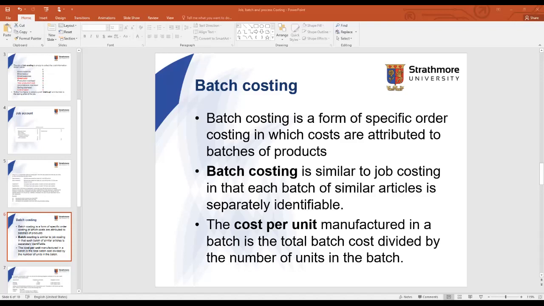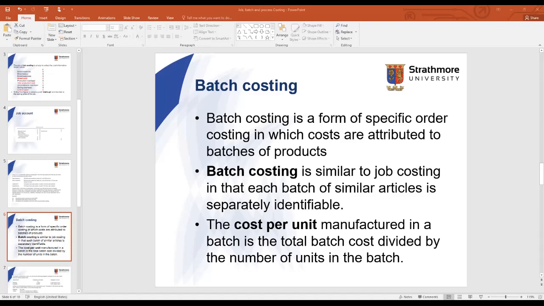Production overhead cost gives us the total production cost. Then we add the non-production overhead cost to give us the total product cost. Once you have the total product cost, we divide by the number of items produced by the end of the process to give the cost per item within the batch.